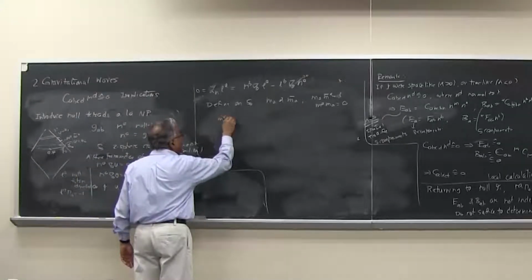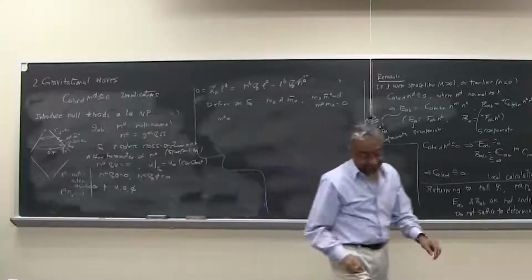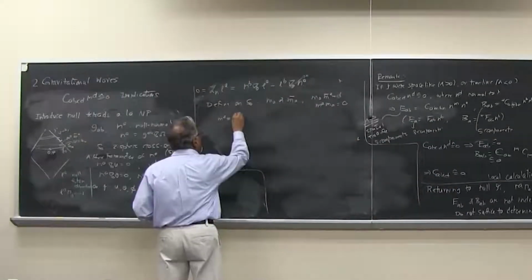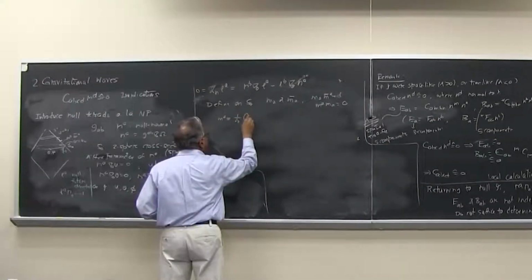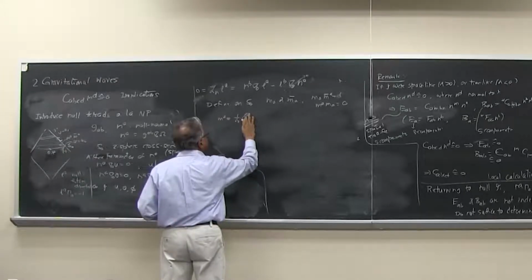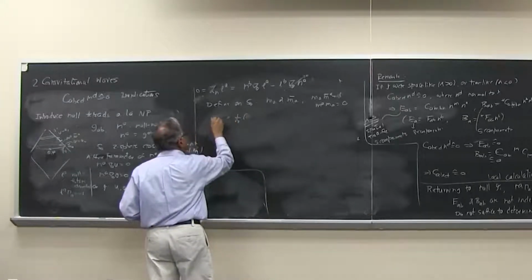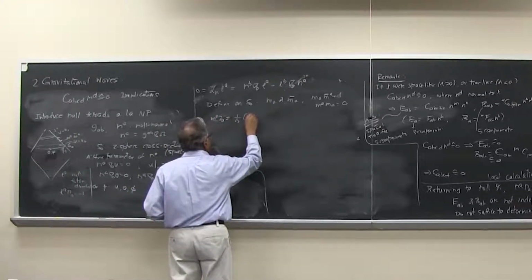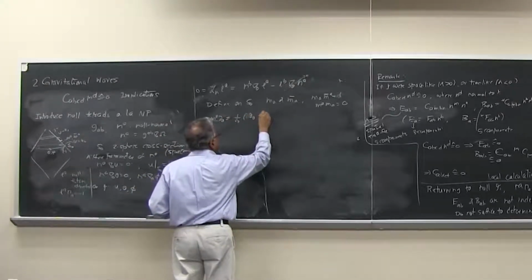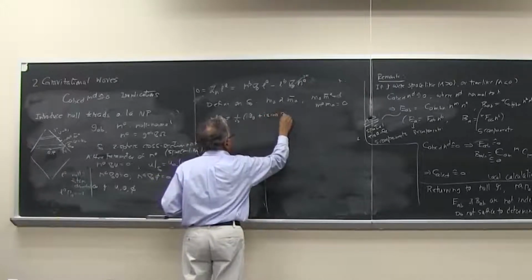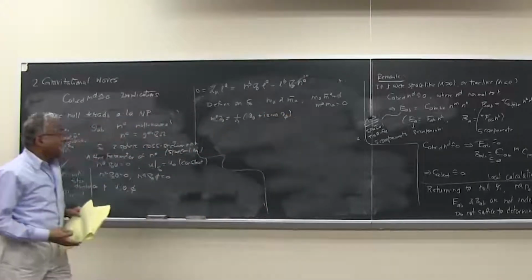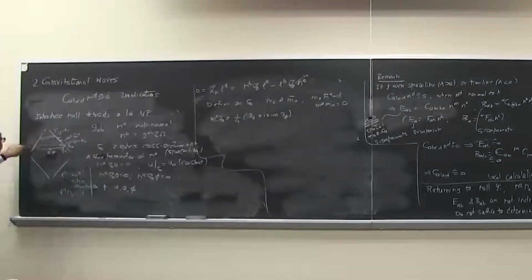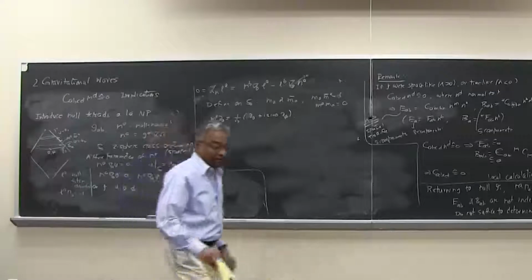And in fact, what I can just do is, as in the case of Minkowski space, define this to be equal to 1 upon square root of 2 times ∂/∂θ plus i/sin θ ∂/∂φ. So I just define it like that.